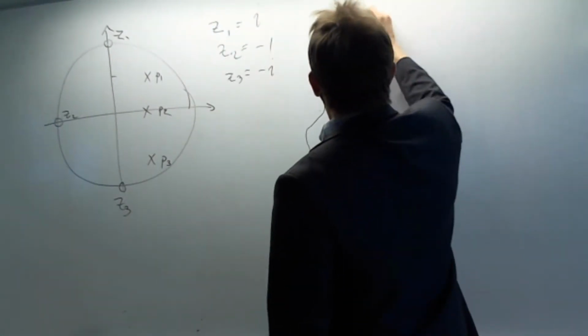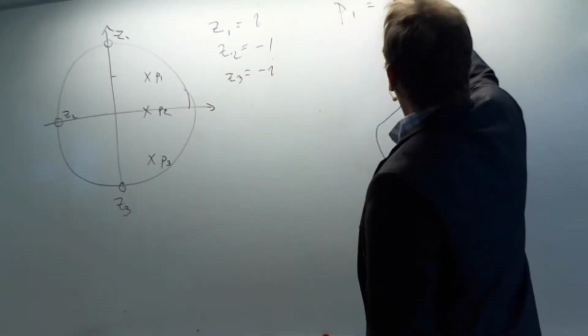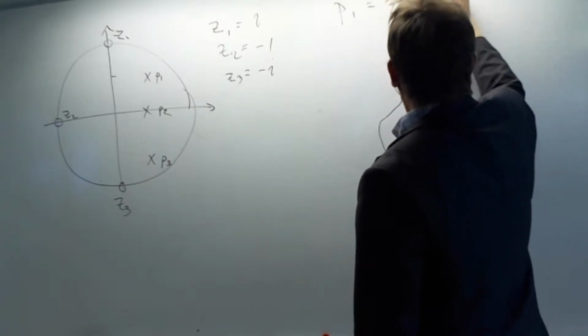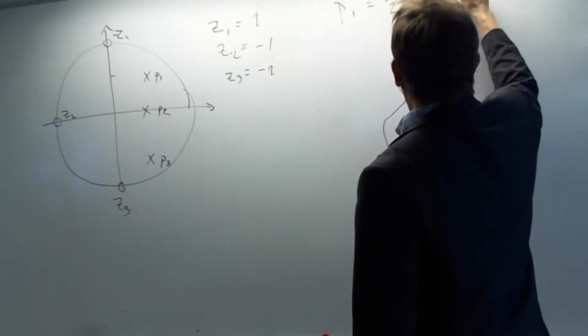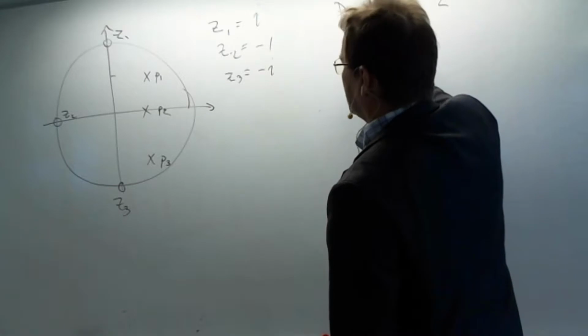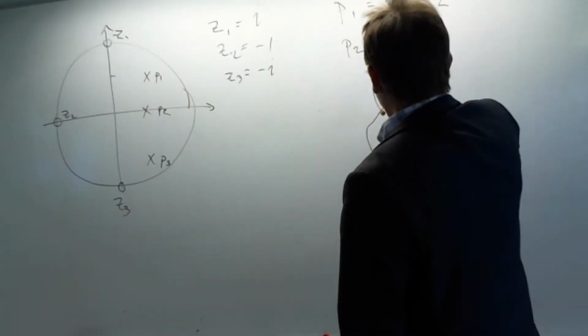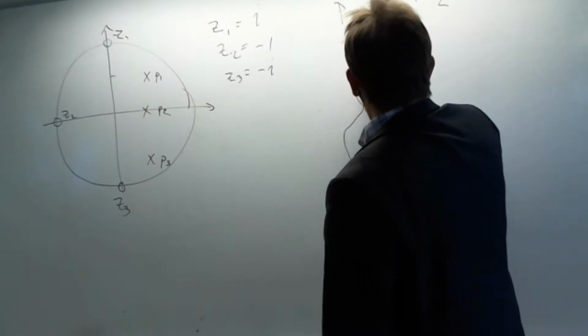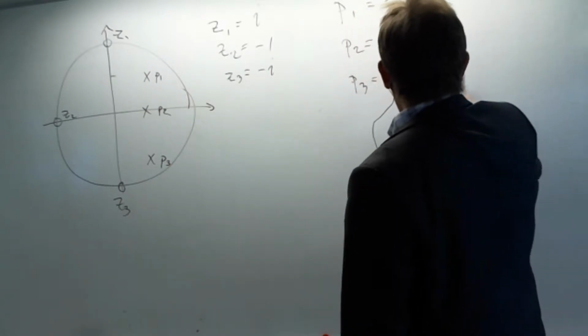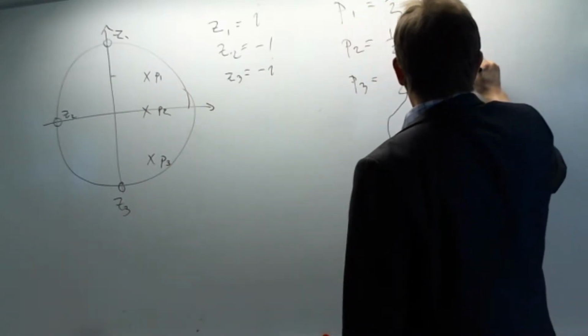So pole 1 is half plus half i, P2 is plus half plus 0 i, P3 is half minus half i.